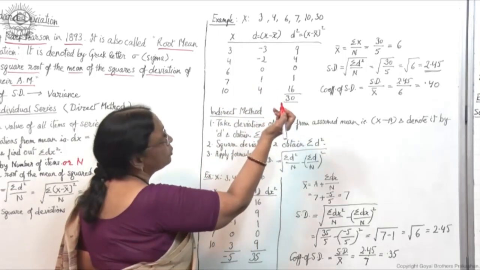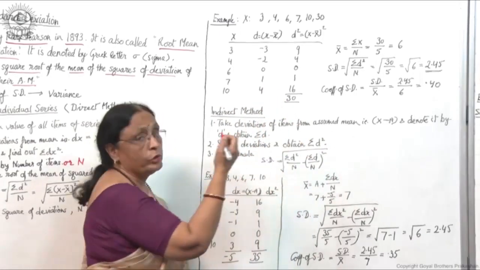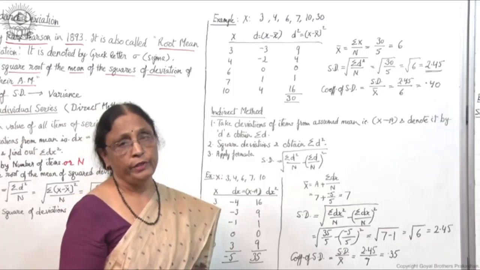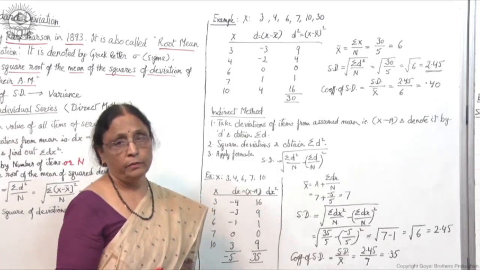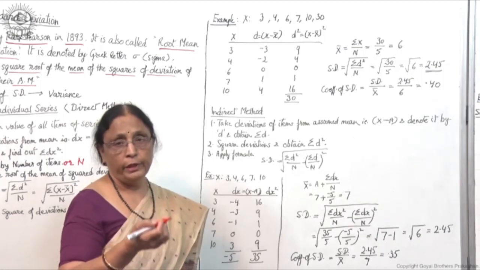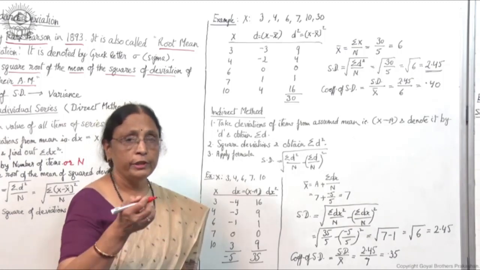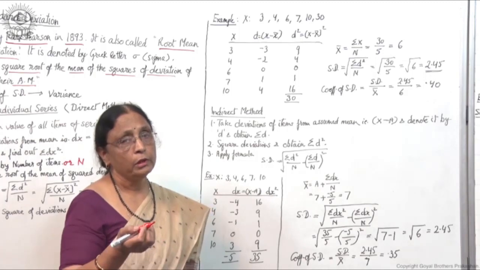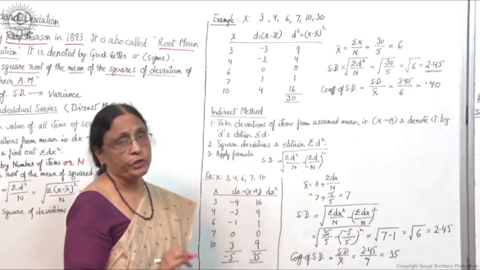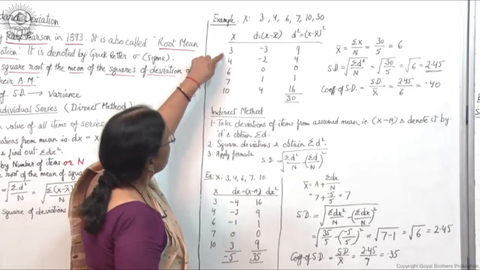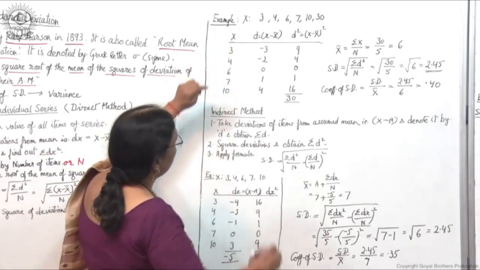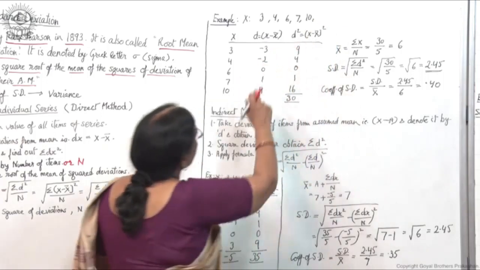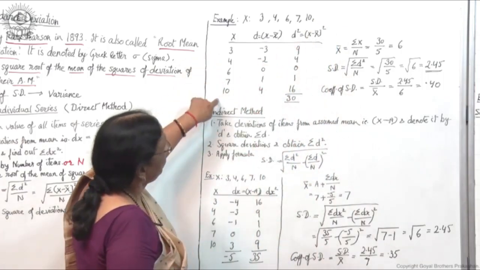First you have to take out the mean, then take out the deviations from mean and then take out the square of deviations. So x you will copy down like this: 3, 4, 6, 7, 10.